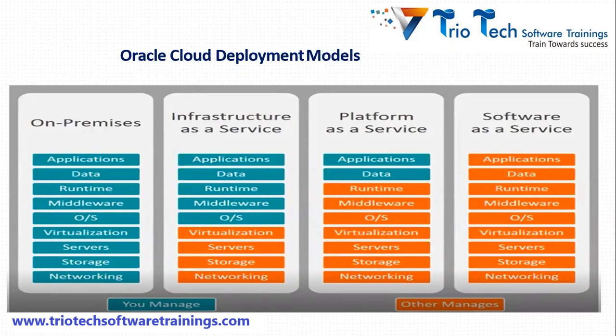It is as simple as that. As a customer, you don't have to worry about anything related to storage, data centers, or networking of the applications. This is all part of software as a service. In layman's terms, all applications would fall under software as a service.